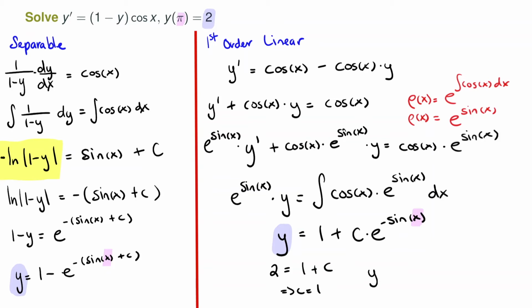And we get our equation 1 plus e to the negative sine of x. Substituting the same values for x and y in the other form, we get 2 equals 1 minus e to the negative... Now, again here, sine of pi is 0, but here we need to watch out because it's 0 plus c.